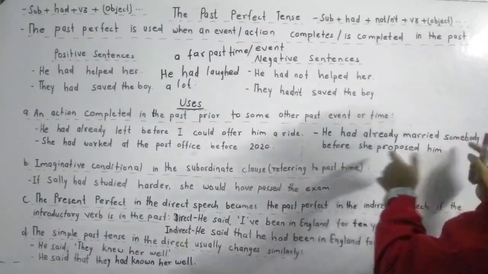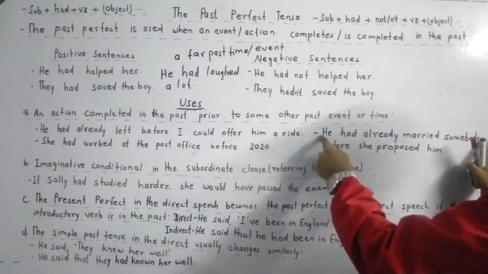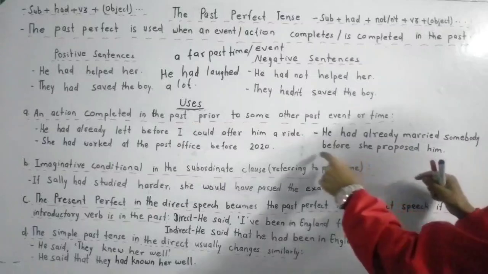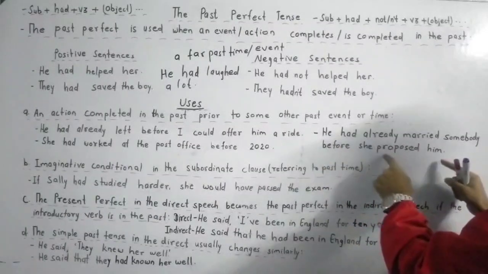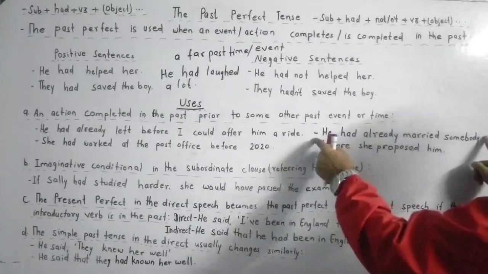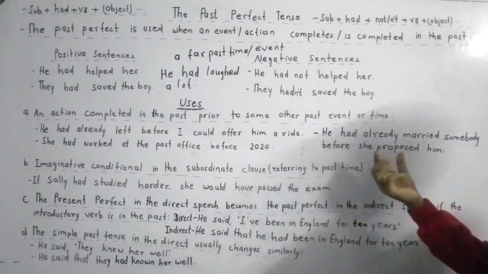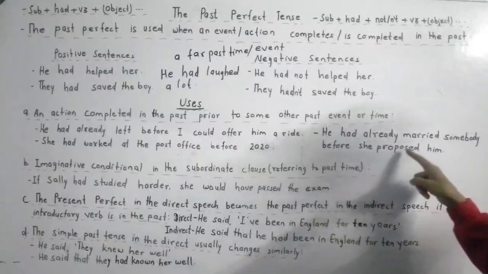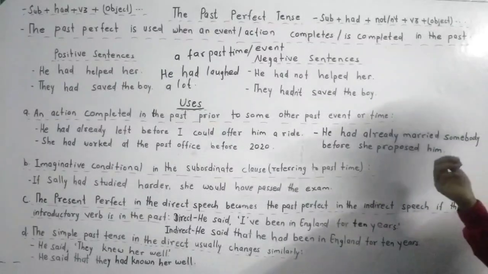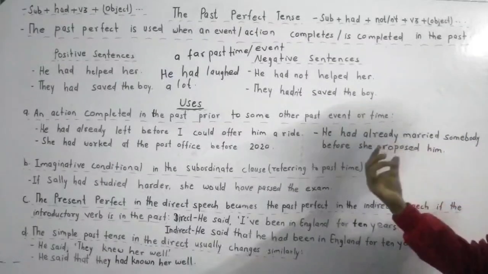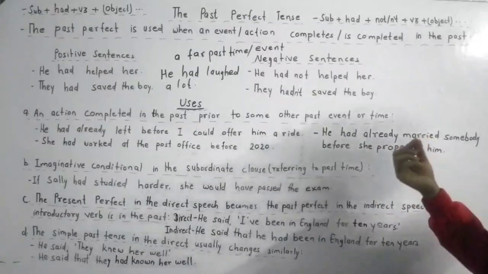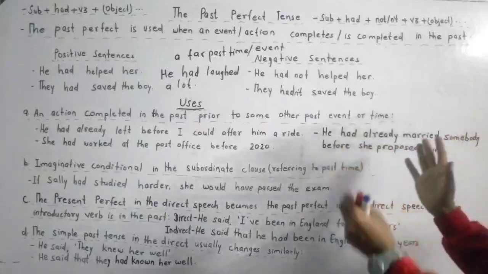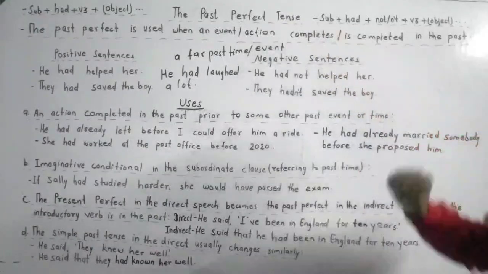This one was already completed before that one happened. Before she proposed, he had already married somebody, and that's why he was married, and because of that she couldn't propose to him. This is how we can use the past perfect tense.